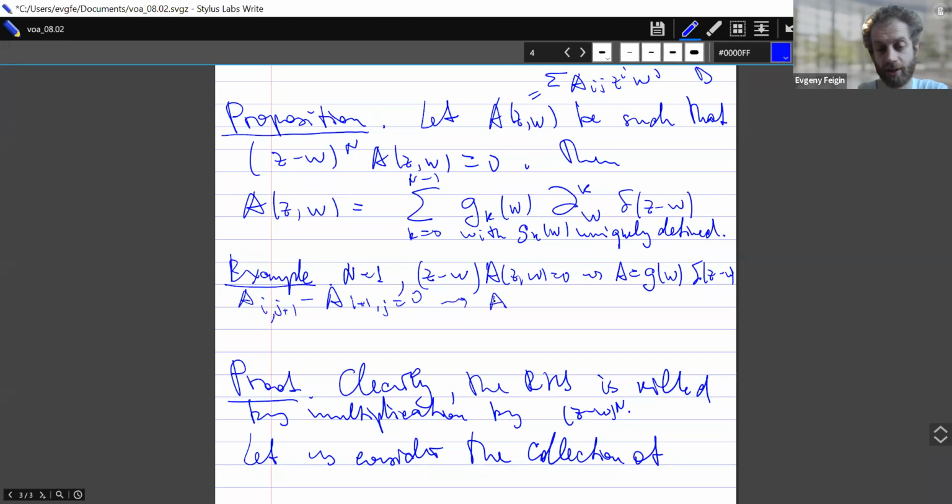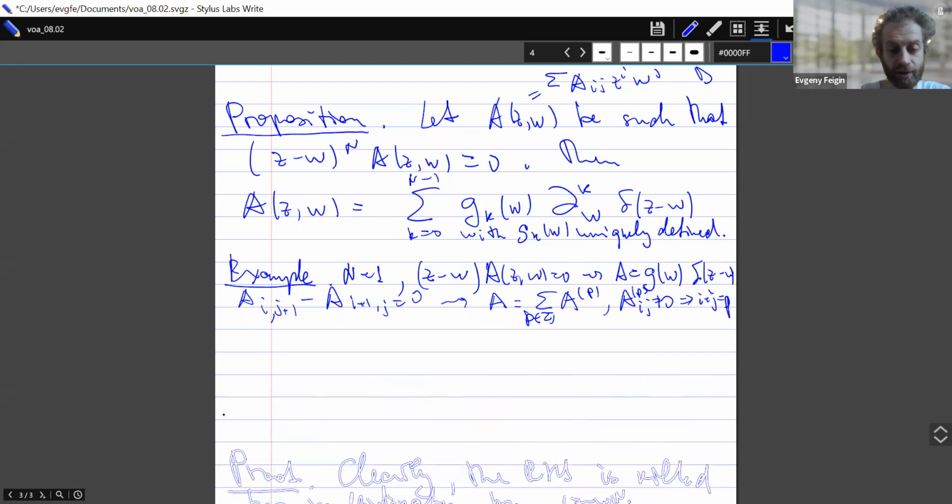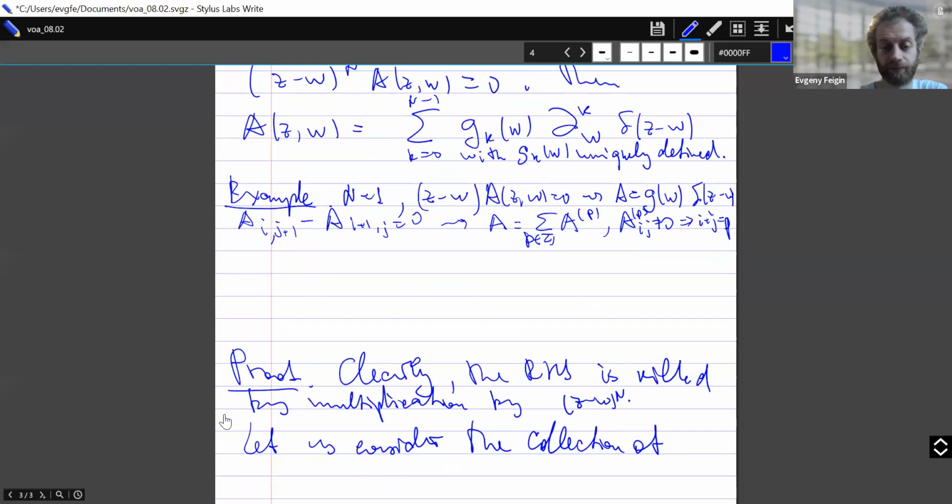A is the sum of A_p, where A_p,ij is non-zero only if i plus j is p. So this is a kind of homogeneous component for our series, because our relations are homogeneous, and therefore any solution can be decomposed as a sum of homogeneous components.